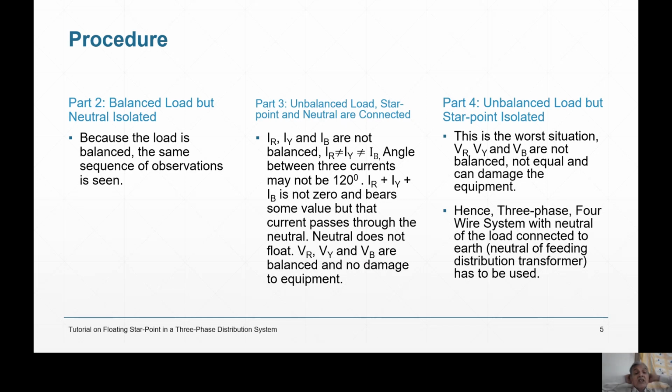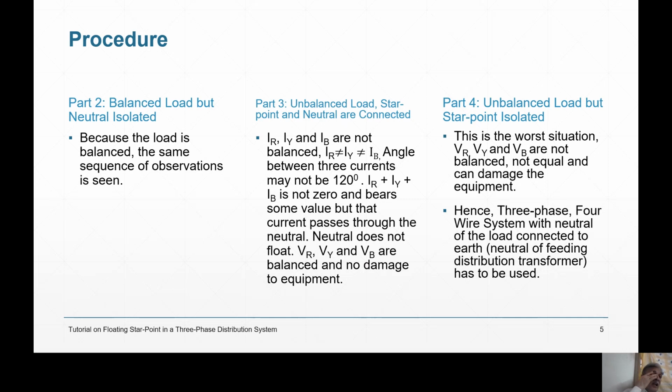It has displaced. It has floated. Therefore, the name floating star point. Star point floats, it goes from one point to another. And therefore current passes from the neutral of the load to the neutral of the star.